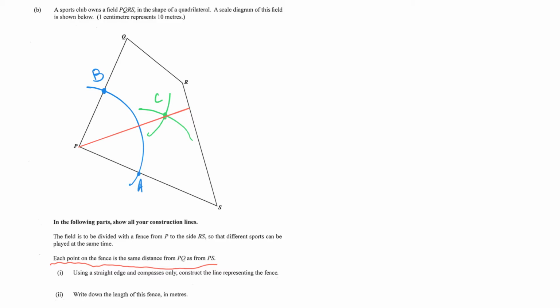Now, to do part 2, all you have to do is take your ruler and measure the length of that red line. If you measure this red line, you will find that the length is 7.5 centimeters. The problem says that 1 centimeter represents 10 meters, so to convert from 7.5 centimeters to the actual length of the fence, we multiply by 10 meters per 1 centimeter.